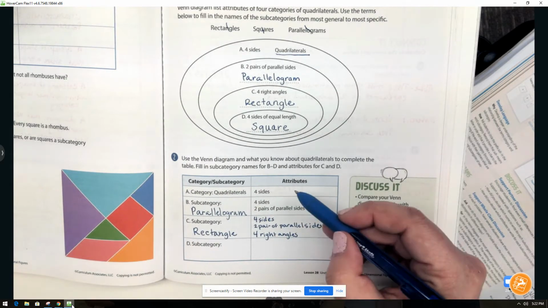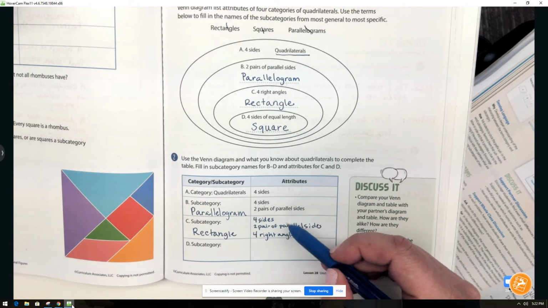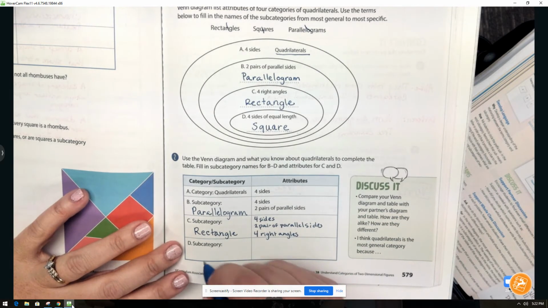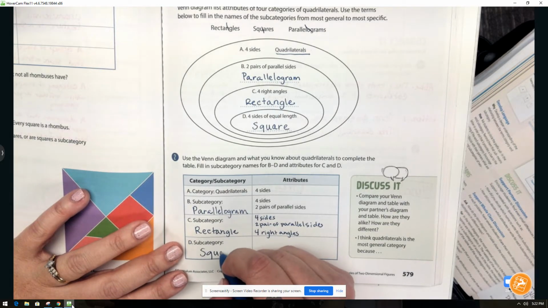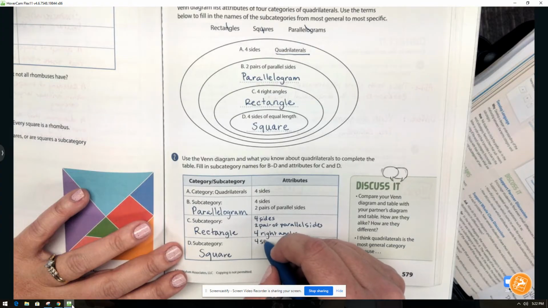So as you can see, every time we move down and we get more specific, this is most general, most specific, we add another attribute as we move down. The final subcategory is a square. A square, like a quadrilateral, has 4 sides.